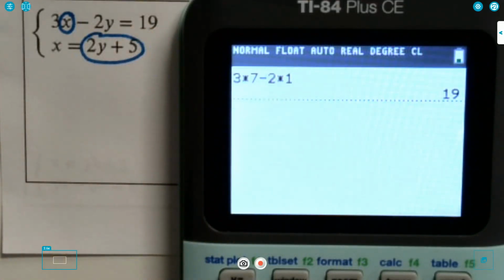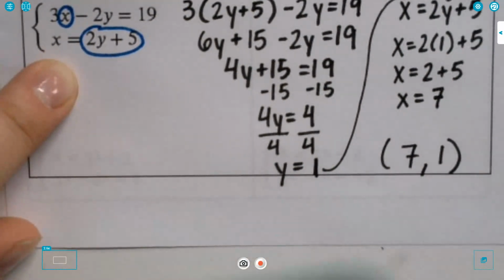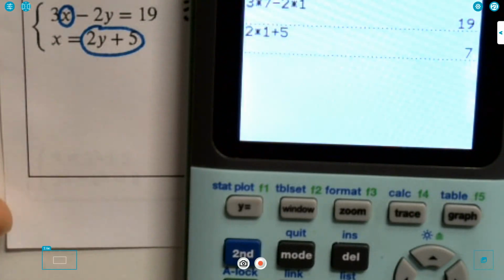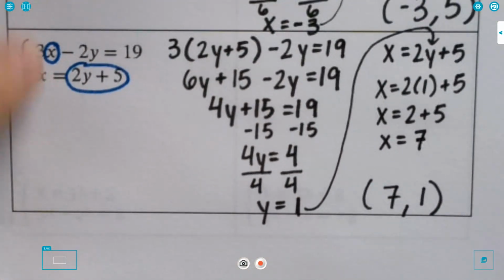It has to be true for both equations. So then for our other equation, it's x equals, so that would be 7 equals, and then we would plug in 1 for y. So we do 2 times 1 plus 5. Make sure we get 7. 7 equals 7. So you could plug in both x and y into both of your equations and make sure that those check out, that it's true. Okay, any questions right now before we move on to the back?